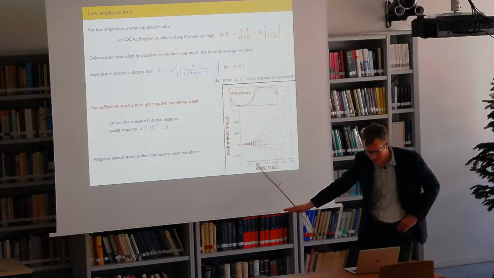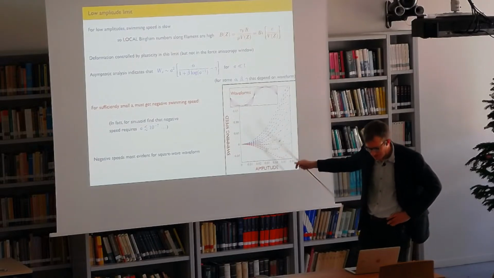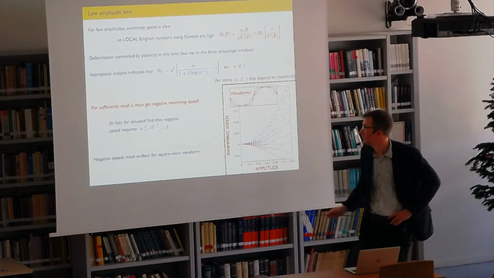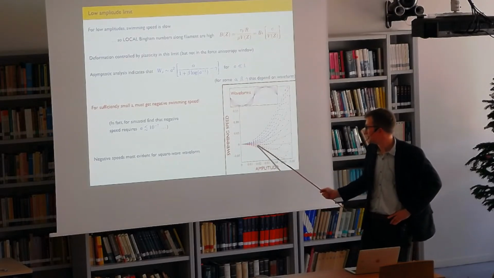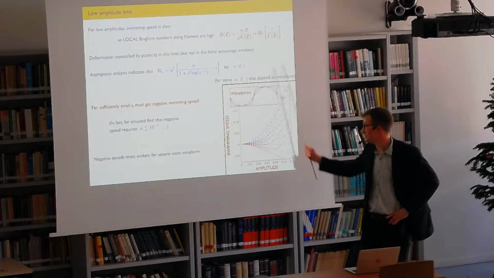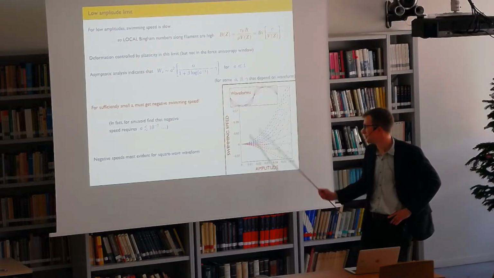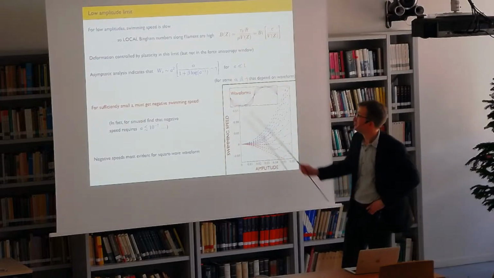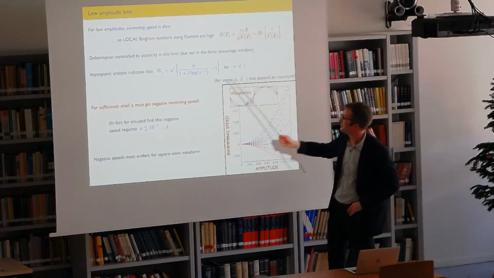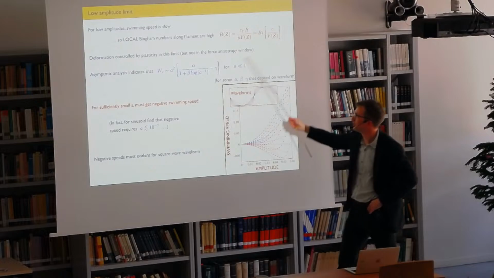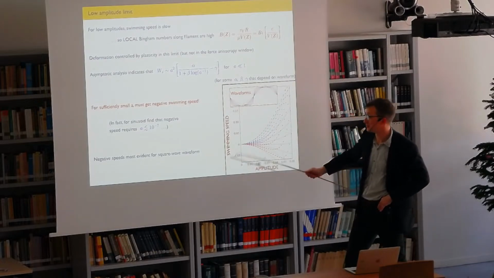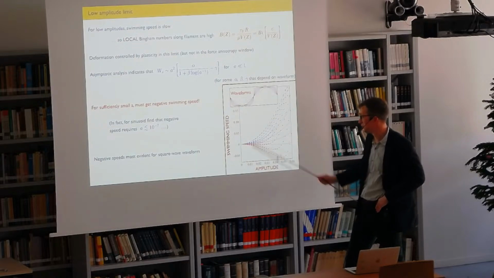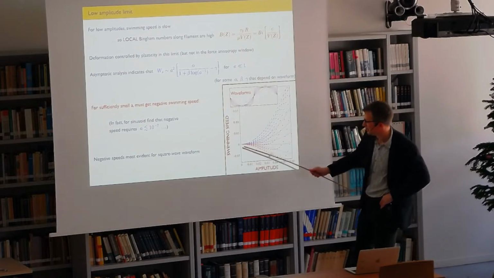There's a nice detail of the model, which I'm not going to talk about in depth, but it turns out that when you analyze the model in the low amplitude limit, you find that there are certain cases where it's inevitable that for small enough amplitude the swimming speed must be negative, and it's really not obvious why that should be. It's got to do with this sort of horrible logarithmic correction, but it's a curious feature of this plasticity theory, and for certain waveforms you can see it more clearly than in others.